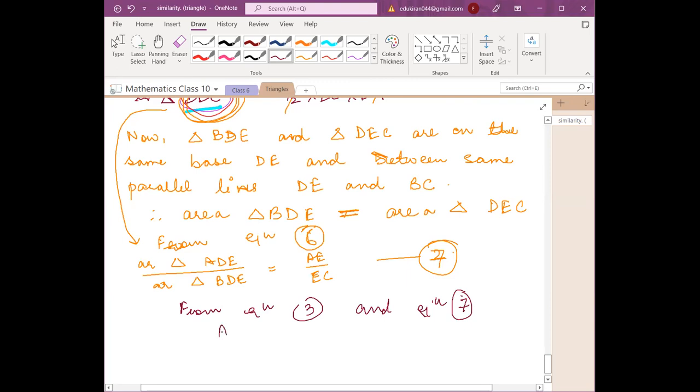So the third equation means your AD upon DB is equal to the seventh, which is AE upon EC, and this you were supposed to prove.